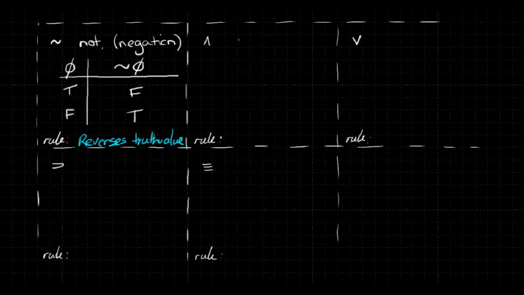Okay, so let's move on to look at the caret symbol, and it's commonly translated as and. So let's again draw a truth table for this. So here we're going to need two variables. So we've got phi and psi.